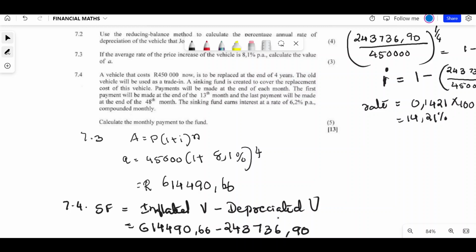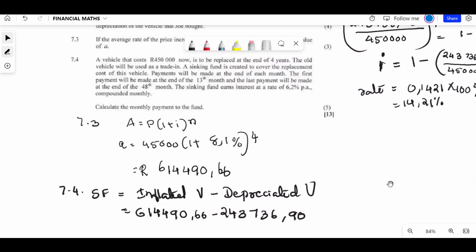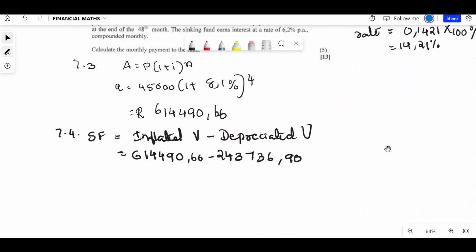So that is the sinking fund that you are going to set up here. When you put this in the calculator, you get 370,753.76. That is the sinking fund.